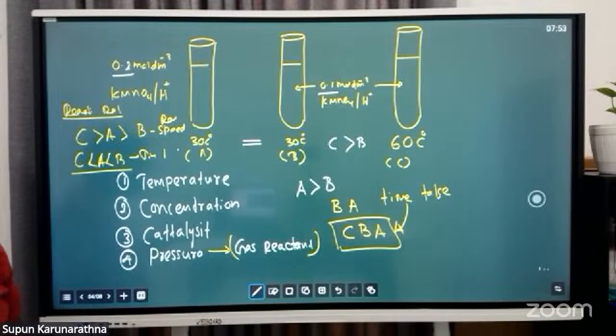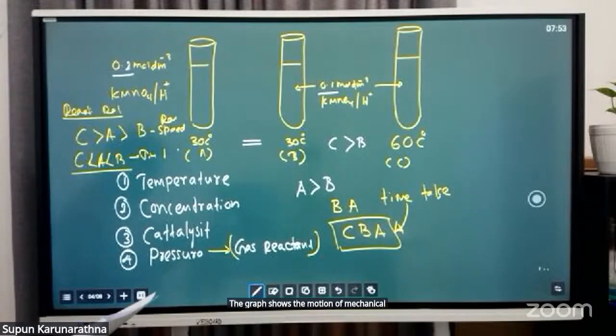Okay, question number 36. Question number 36. The graph shows the motion of mechanical waves.